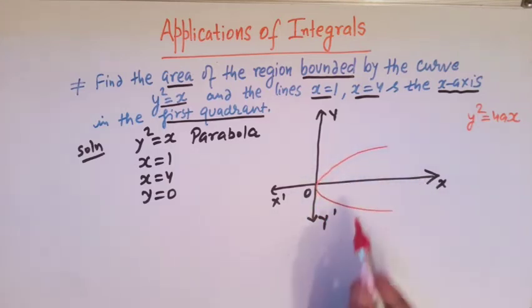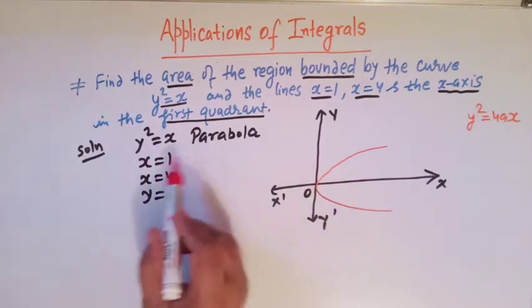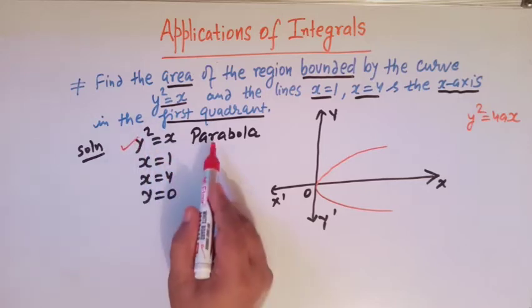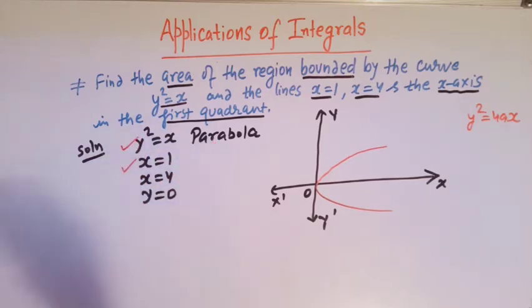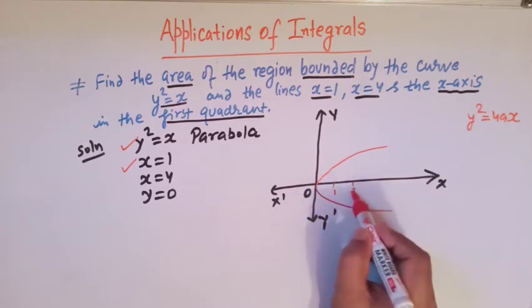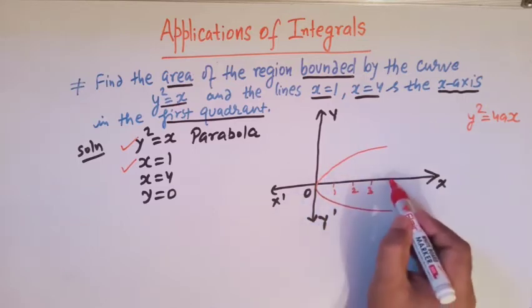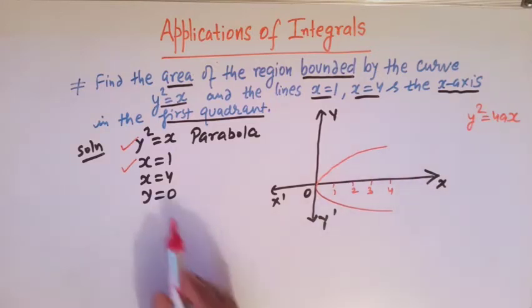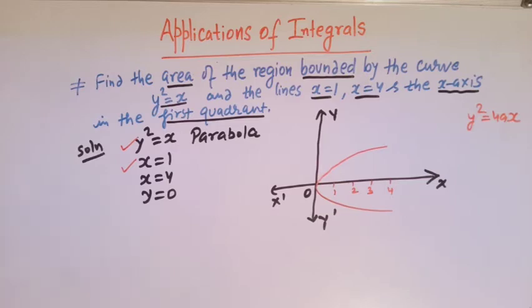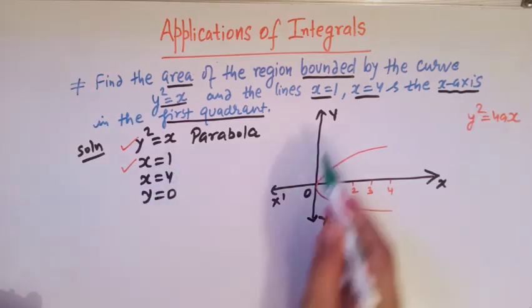Clear? Okay. Now we have plotted this curve. Now x equal to 1. So this is 0, and say here we have 1, here we have 2, here we have 3, here we have 4, and so on. Now x equal to 1 is a line which is parallel to the y axis.